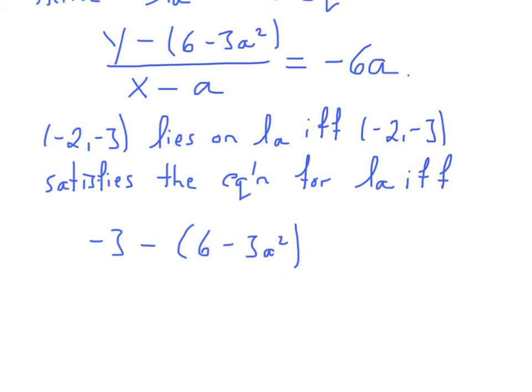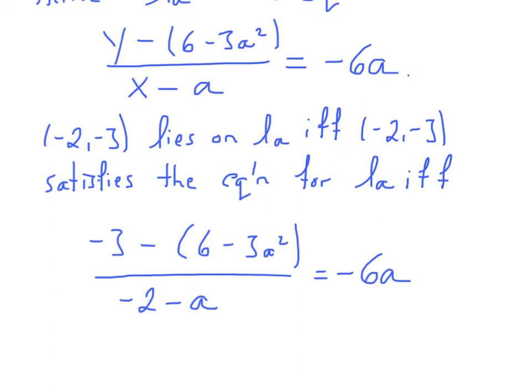So if and only if (-3 - 6 - 3a squared) divided by (-2 - a) is equal to -6a. Alright, so what do we want to do? We just want to solve for all values of a satisfying this equation here. If a satisfies this equation, then (-2, -3) will satisfy the equation of the tangent line to y equals f of x at this particular value of a.